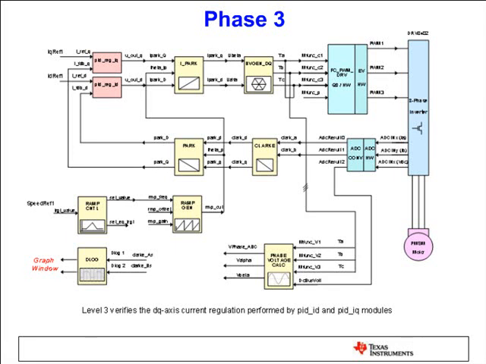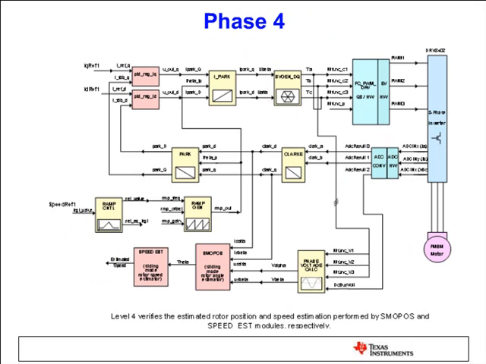current or torque loop. And in the next slide, we ask the customer to add the sensorless algorithms, but do not close the sensorless speed loop. Just connect them and put them in the code and watch the outputs from the watch window and graph window and make sure that they are working well.